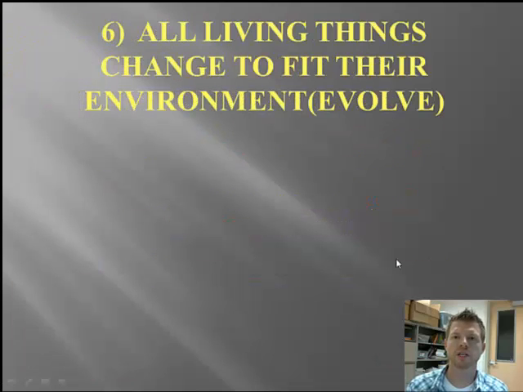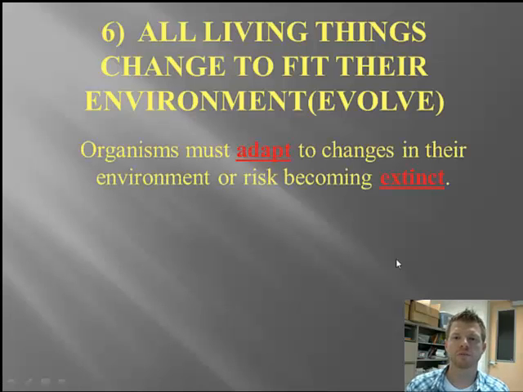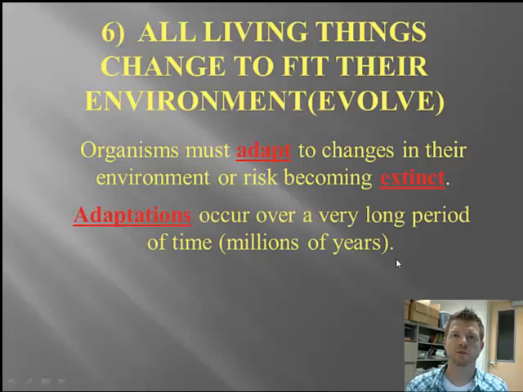All living things change to fit their environment, or they evolve. Organisms must adapt to change or risk becoming extinct. So over a long period of time, adaptations will occur. Now organisms don't think, I need to change to fit in this environment.